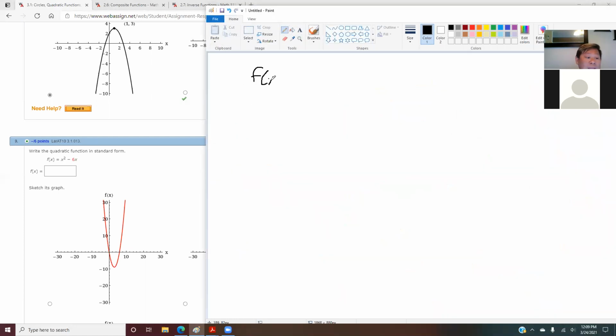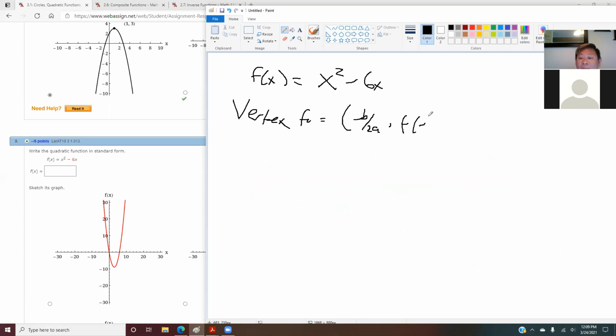So it's given us that f of x in this case is x squared minus 6x. So using the vertex formula, the vertex formula says that negative b over 2a, f of negative b over 2a. So our a in this case is 1 and our b is -6.